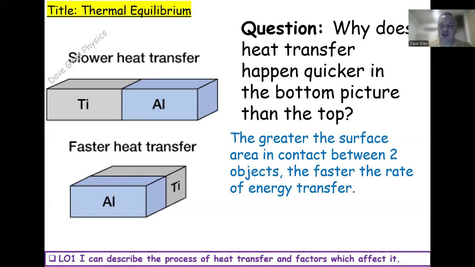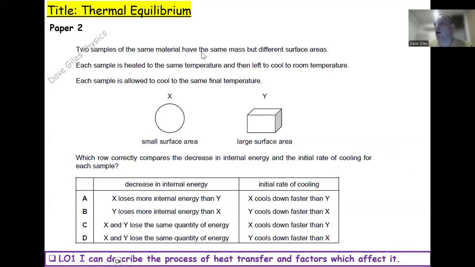Now, I found two past paper questions, one paper 2 and one paper 4, on thermal equilibrium. I couldn't find a huge amount, but these are the questions that I found from recent exam papers. The first one, from paper 2: the two samples of the same material have the same mass but different surface areas.